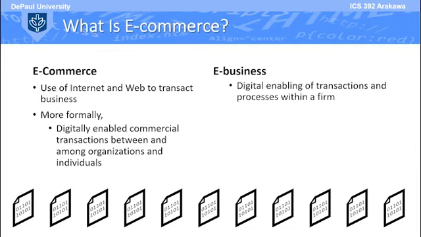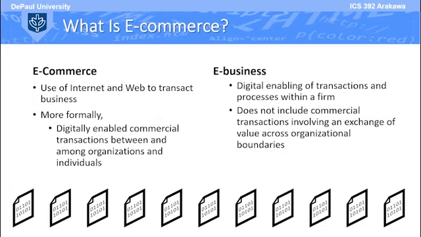And a way to think of e-business is just the digitally enabled transactions, but that occur within the firm as opposed to a commercial exchange. So e-commerce is really doing business with customers, and e-business is different ways to handle transactions within the firm.